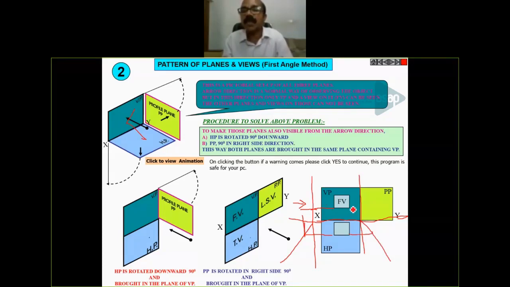Similarly, you draw all the points. All the plan points you project in this fashion, and with the elevation points, the meeting points will be the required left side view. So both side views of the object you can plot in this fashion. Here you can see the front view, top view, and left side view.